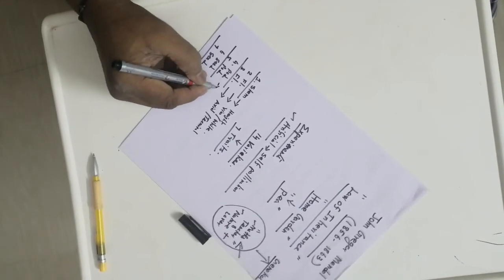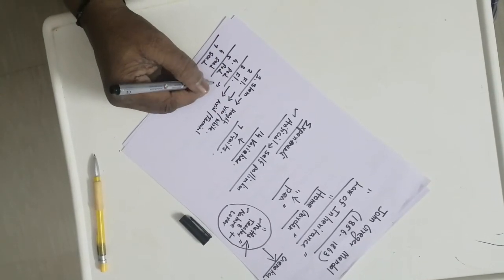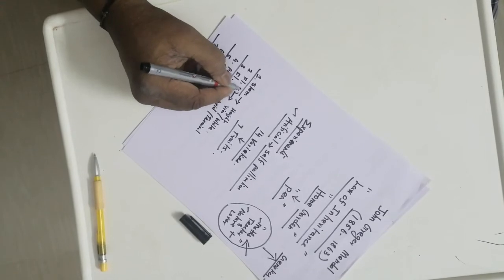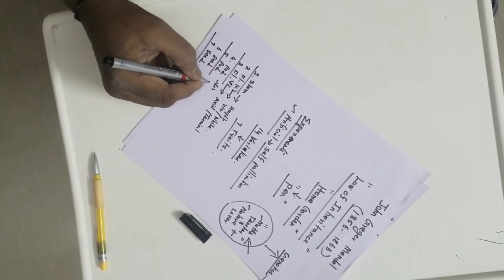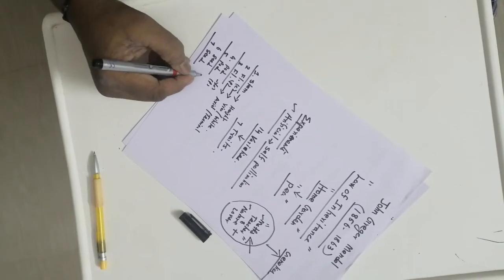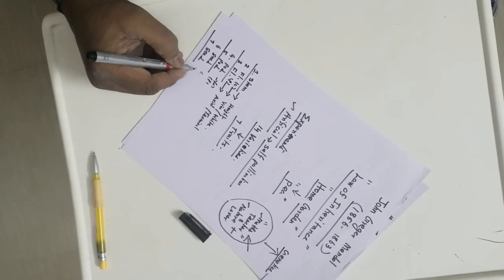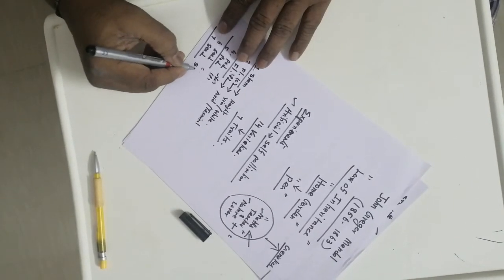Then pod. In both he has selected position and color. This is color, this is position. Here also he has selected color, position. And seed, color and shape.